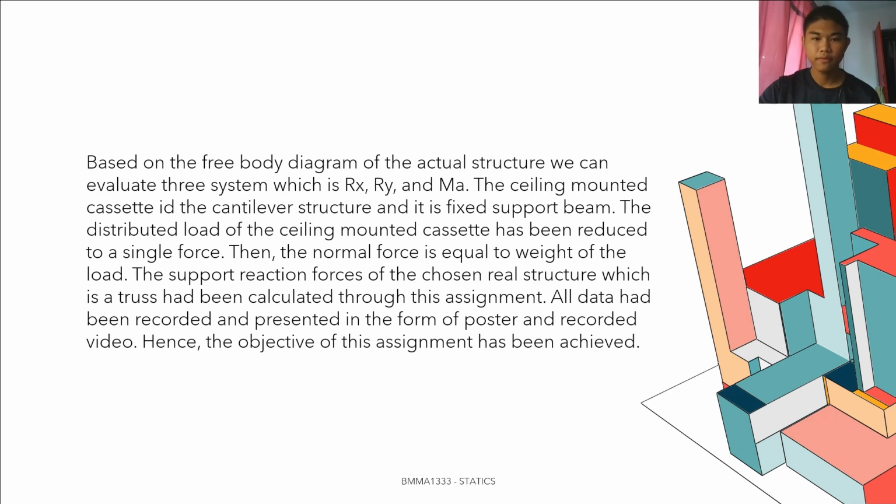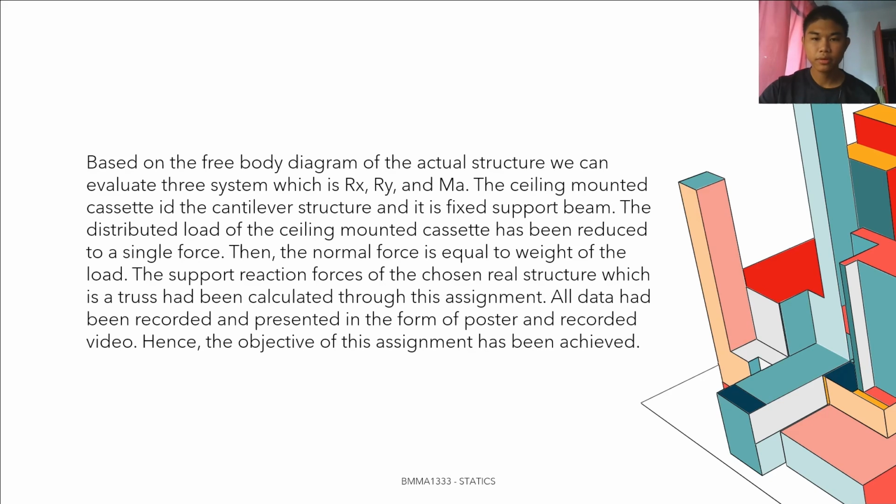Based on the free body diagram of the actual structure, we can evaluate three unknowns, which are Rx, Ry and Ma. The ceiling mounted cassette is a cantilever structure and it is a fixed support beam. The distributed load of the ceiling mounted cassette has been reduced to a single force.